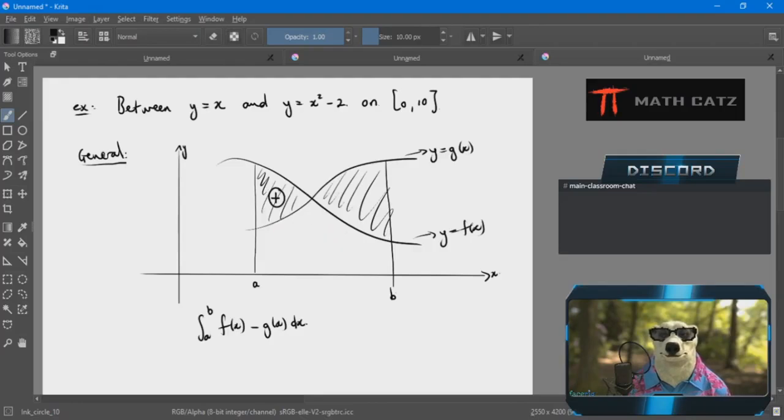But when they cross each other, the top becomes the bottom and the bottom becomes the top, and if I stick to this one integral, the other region, the other area, is going to be a negative area. And these all get put together inside this one definite integral, and I'm going to have a cancellation effect again.